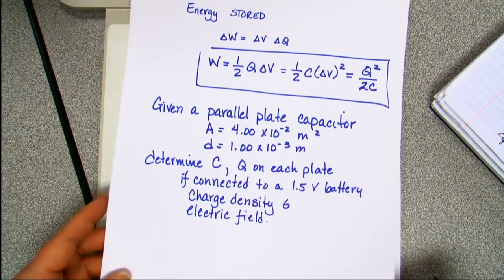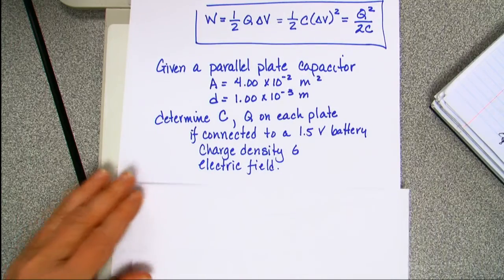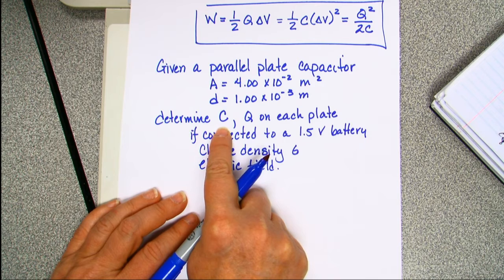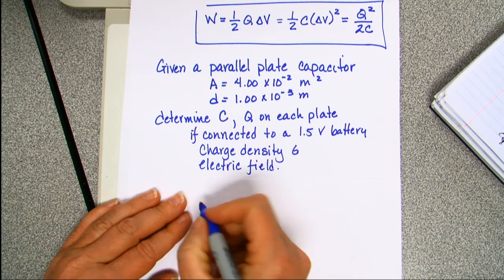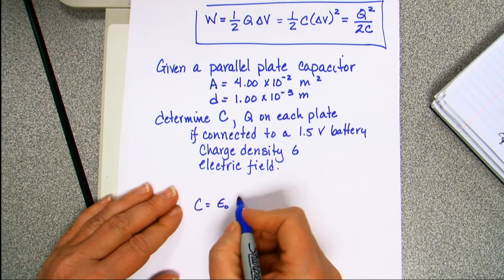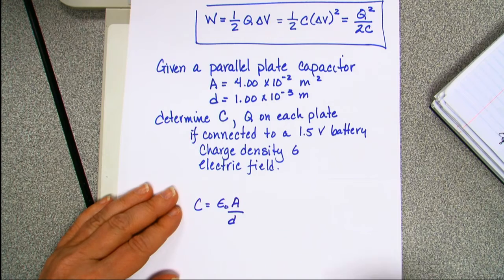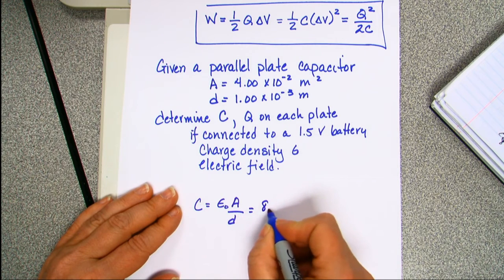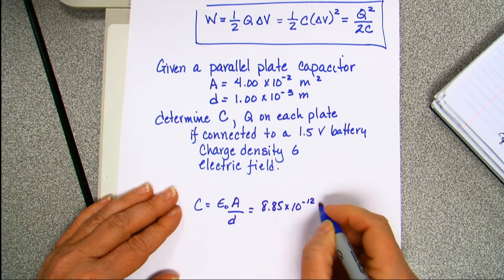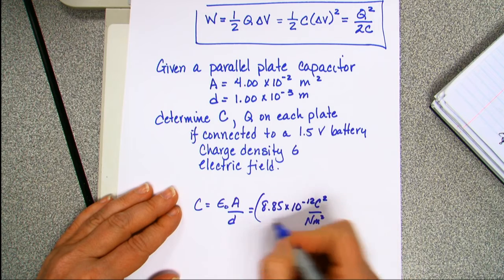At this point we have to remember what we've been working with so far. We said that capacitance depends on the material. My capacitance we defined as the permittivity of free space times the area divided by the distance. The permittivity of free space is 8.85 times 10 to the minus 12 Coulomb squared per Newton meters squared.